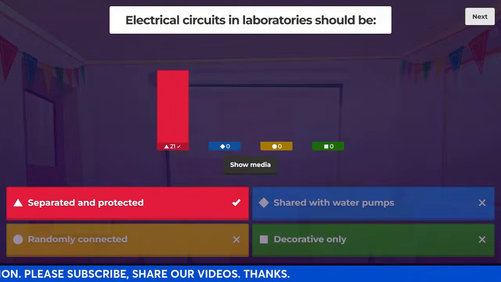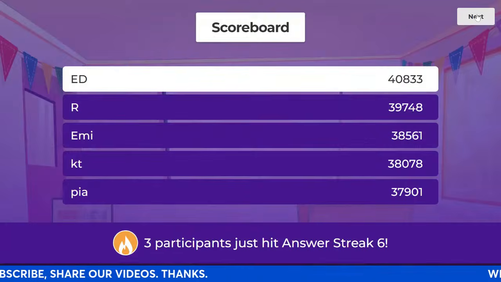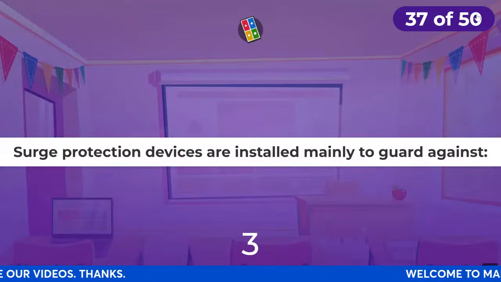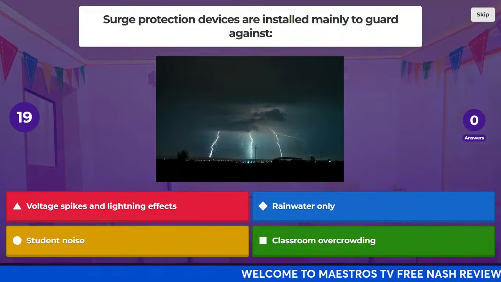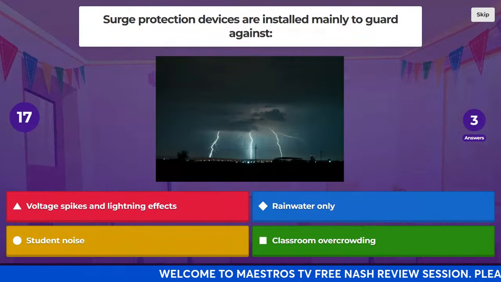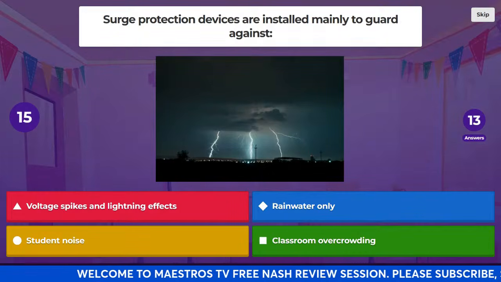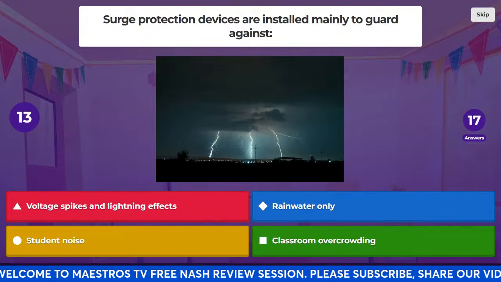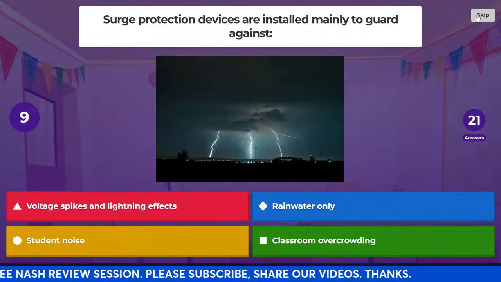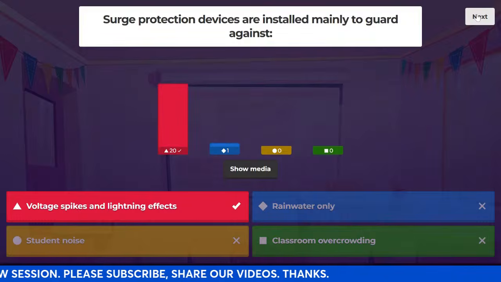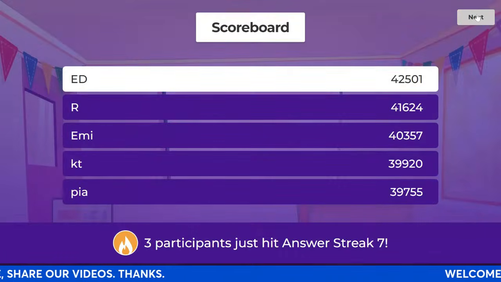You are all correct. Next, surge protection devices are installed for voltage spikes and lightning effect.